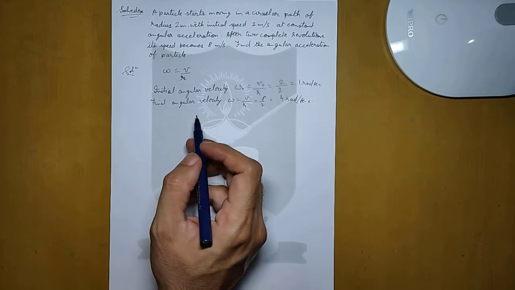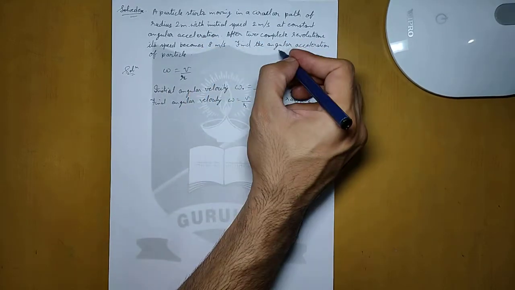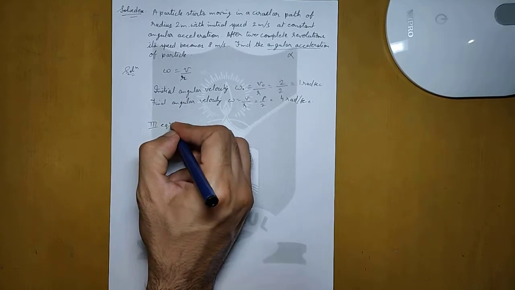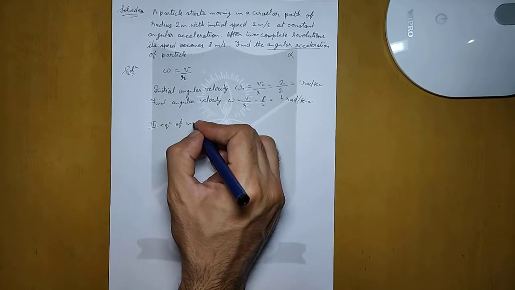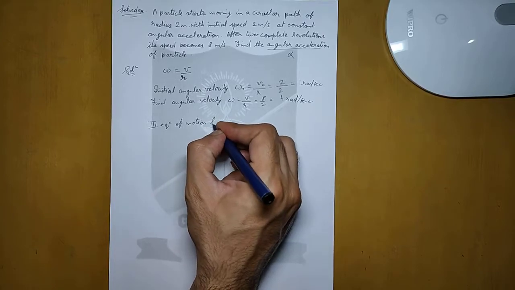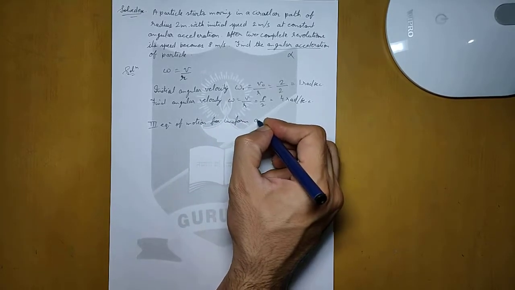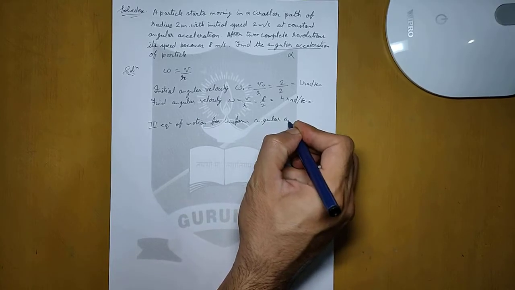Now we need to find out the value of angular acceleration. The angular acceleration is alpha. So we can use here the third equation of motion for uniform angular acceleration.